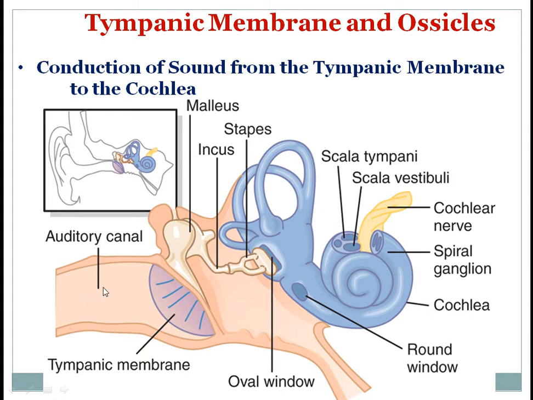This is the auditory canal which ends on the tympanic membrane. To the tympanic membrane, these small bones, 3 in number, that are the malleus, incus and stapes, are attached, and the foot of the stapes is attached to the oval window from where the internal ear starts.